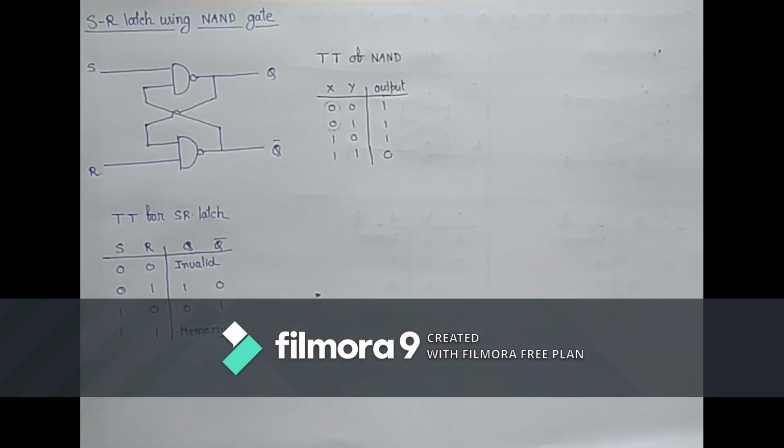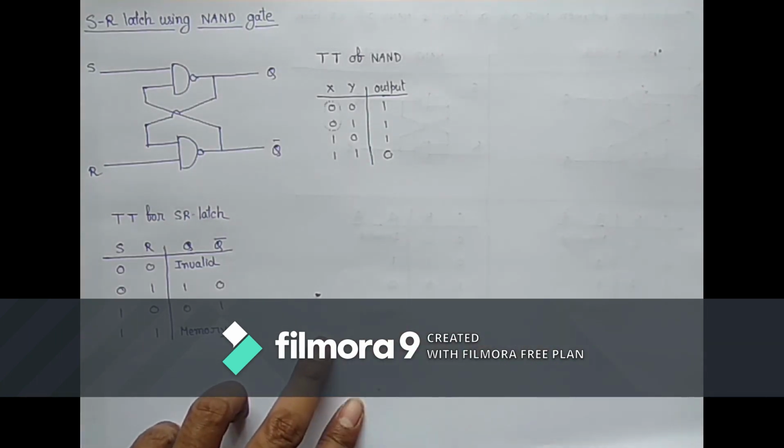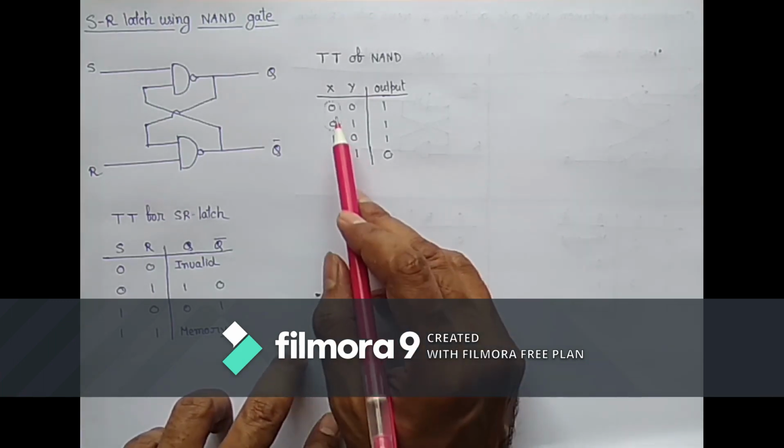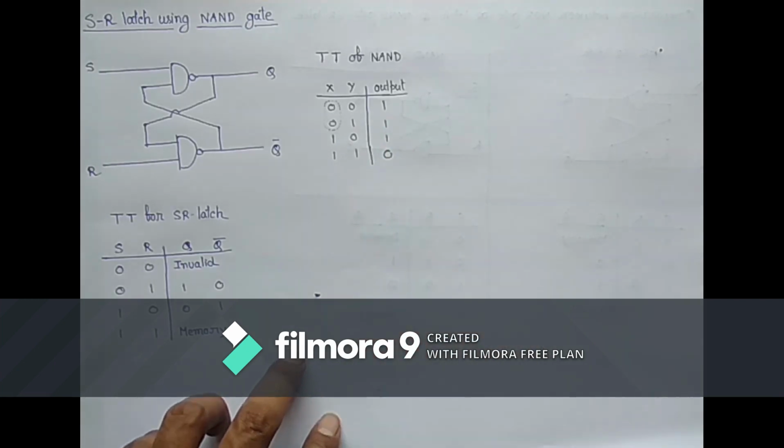Okay, so before proceeding further, you have to know about the truth table of NAND gate, and the truth table of NAND gate is like this, and you can easily form it. One thing you have to notice is that when one input is 0, the output is always 1.